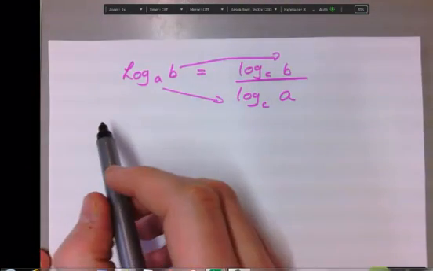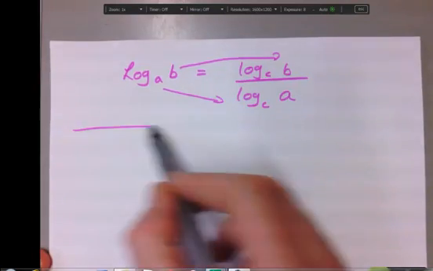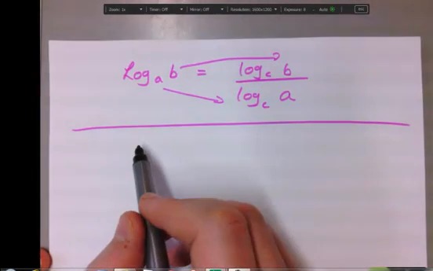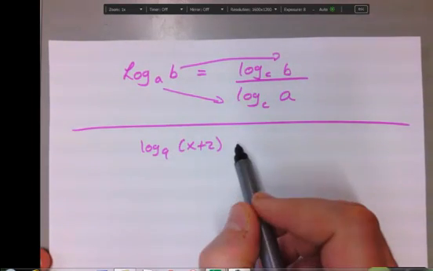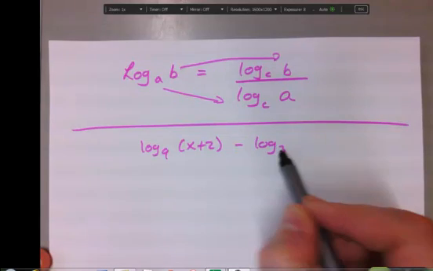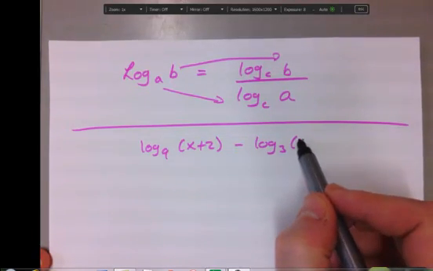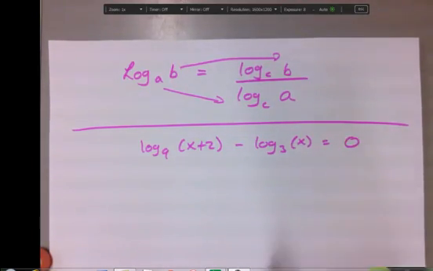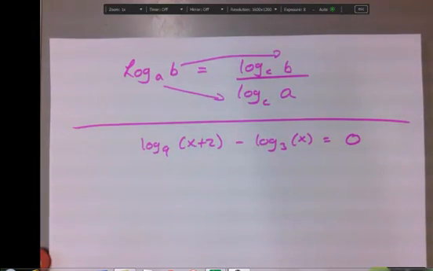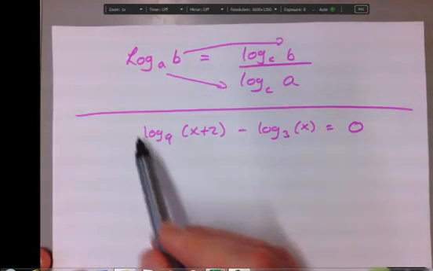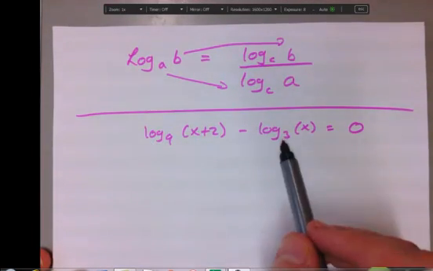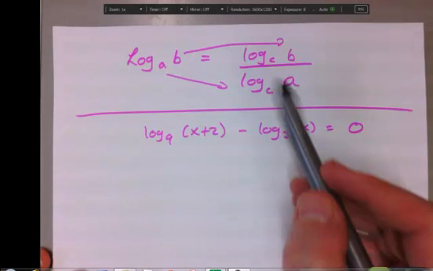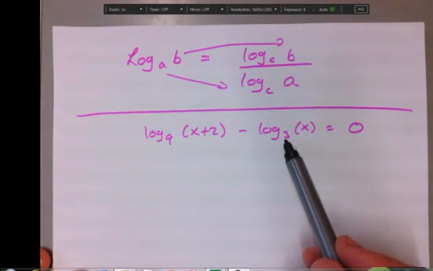So the question in the test, we'll use this law now in just a moment, says log base 9 of (x plus 2) minus log base 3 of x equals 0. So I'm going to choose to use this law of logs on log to the base 9. And the way I choose what base I want it to be is in order to use the other rules that I have, I need it to be the same base as this one.